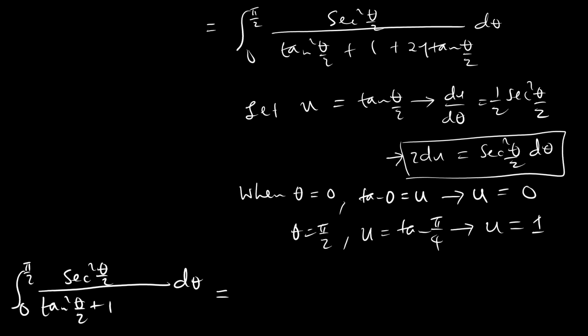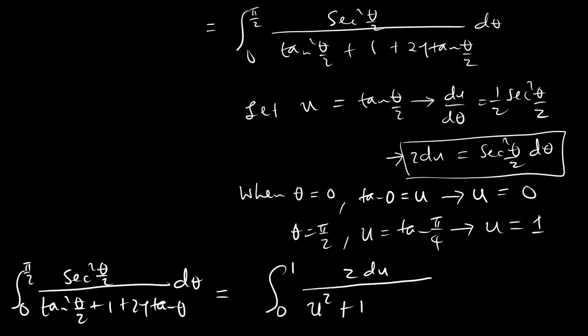of d theta over 1 plus 2y tan theta over 2, this is the same as the integral from 0 to 1 of 2 du over u squared plus 1 plus 2yu. In place of tan(theta/2) we have u.